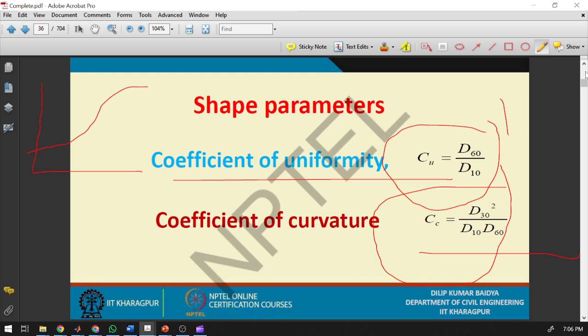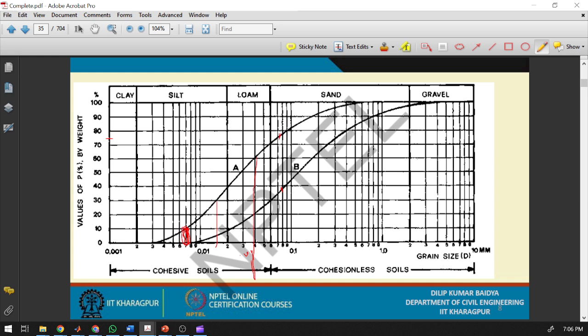Yeah, gap graded soil. When we have, for example, a gap graded soil like this, you have 60%, for example, here, and there is a long range of diameters that are actually absent.